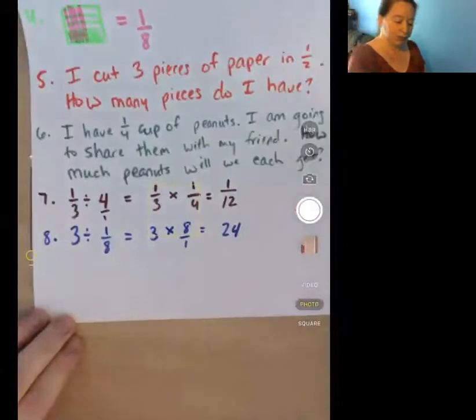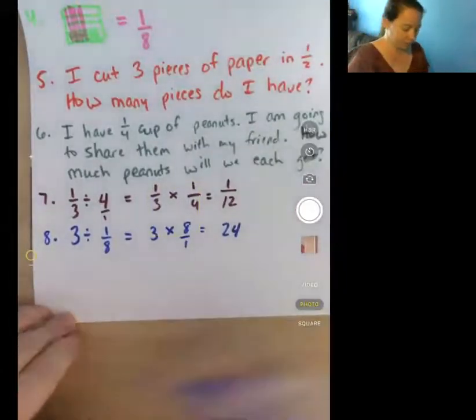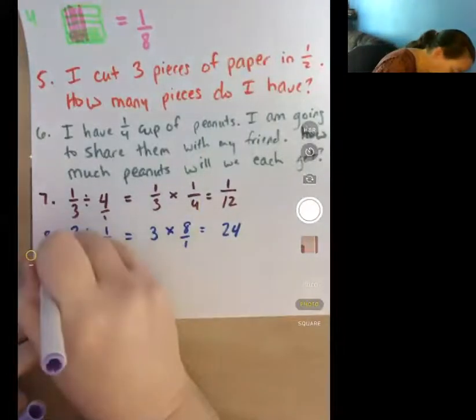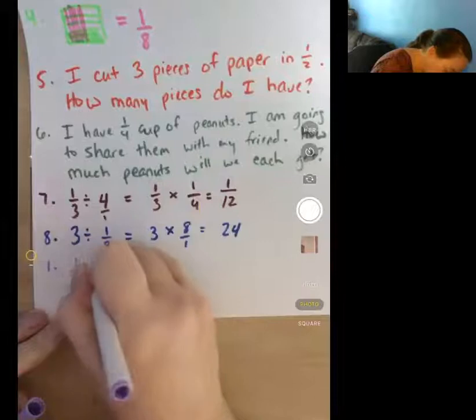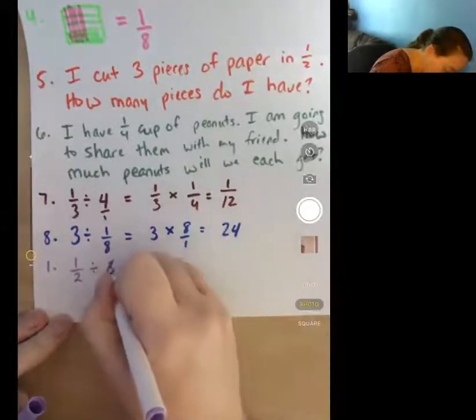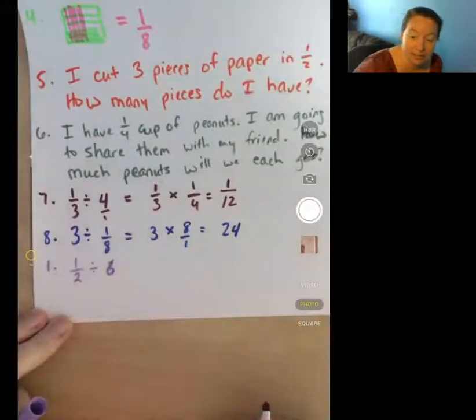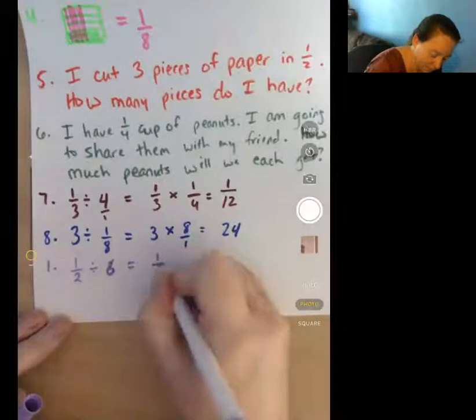Okay. So we have a half a gallon of orange juice, and then we're dividing it up into 6 glasses. Sorry, not 3. Dividing it up into 6 glasses. Half stays the same.